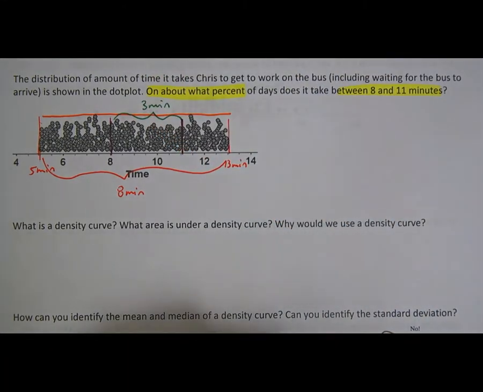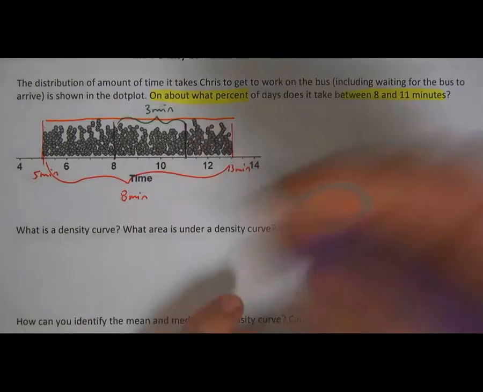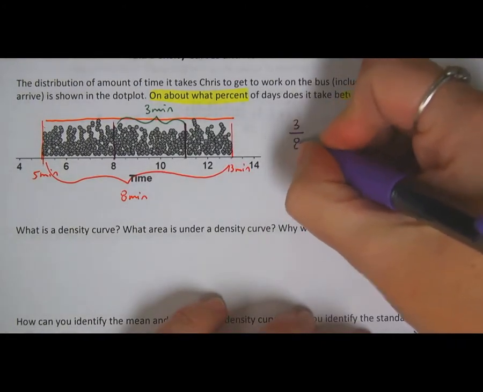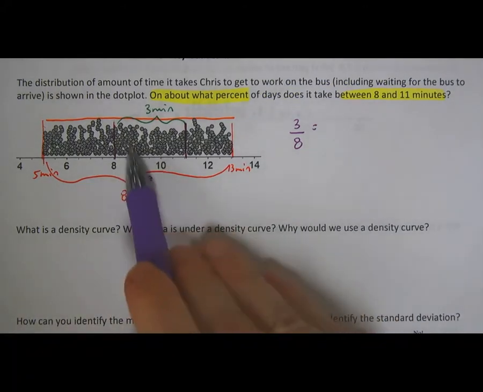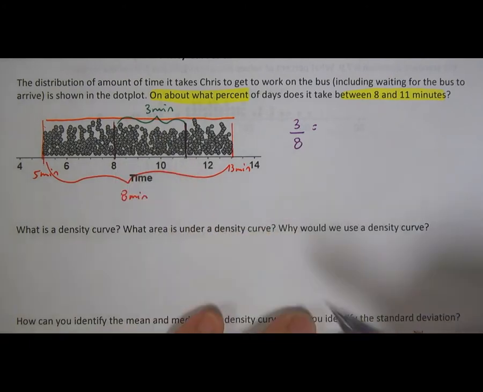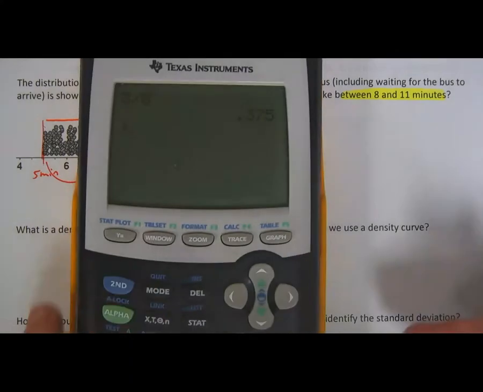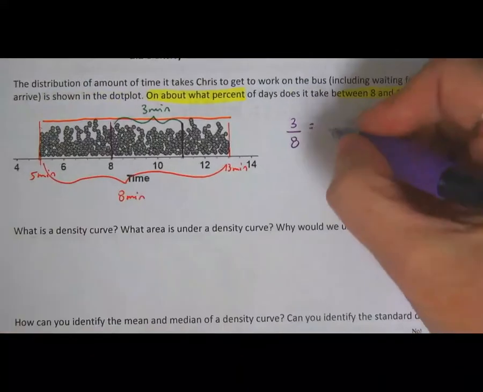So I'm going to use the numbers on the axis to my advantage, and I'm going to say 3 out of 8 will give me a really good idea of the percentage of days, of the percentage of dots that are in this region here. And if I grab my calculator and do 3 divided by 8, I get 0.375.